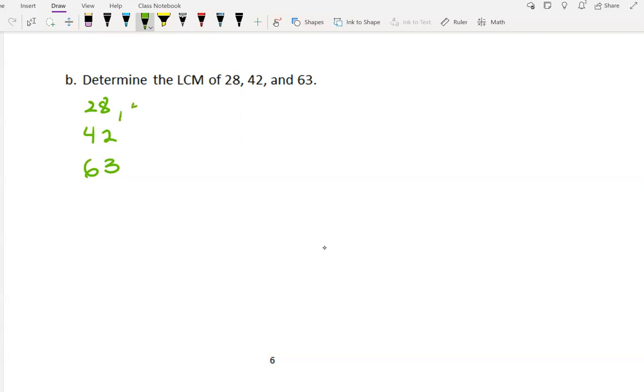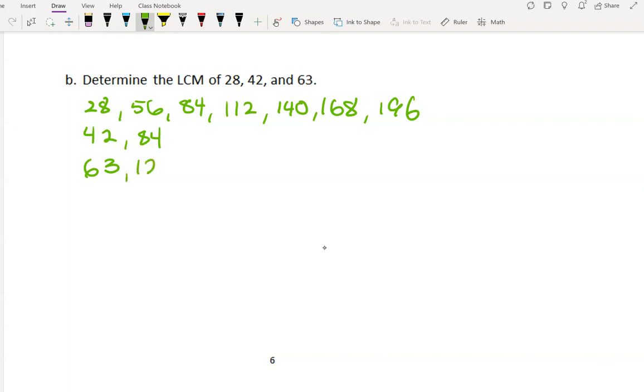So 28, 56, let's keep adding 28 again. 84, add 28 again. Get 112, add it again. And keep adding it here. Okay, I'm going to stop there and see if that works for me. 84 does.